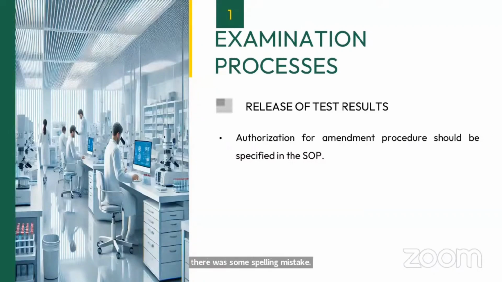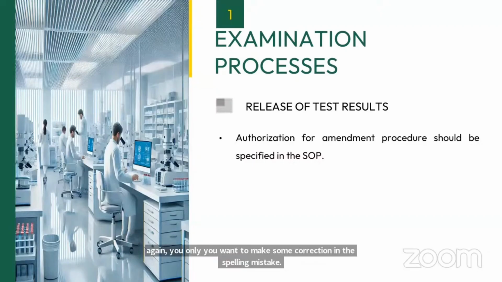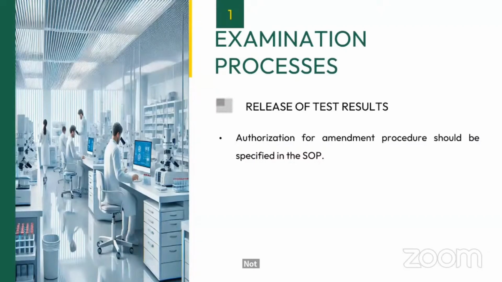Now you have to correct that spelling mistake. So even if you only want to make a correction of a spelling mistake, let it be with authorization. Not everybody should be able to make those amendments. Somebody who has proper authority should make the changes to that report and amend the report.